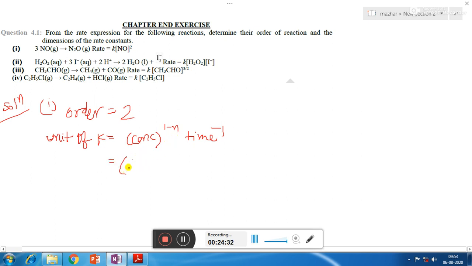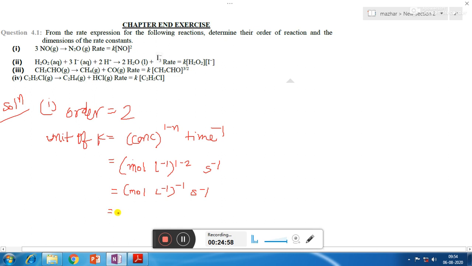The unit of concentration is mole per liter, raised to 1 minus n. So n is 2, so 1 minus 2, and then we have time inverse. Suppose time is in seconds, so we take second inverse. So that is mole per liter raised to 1 minus 2, which is minus 1, then second inverse.